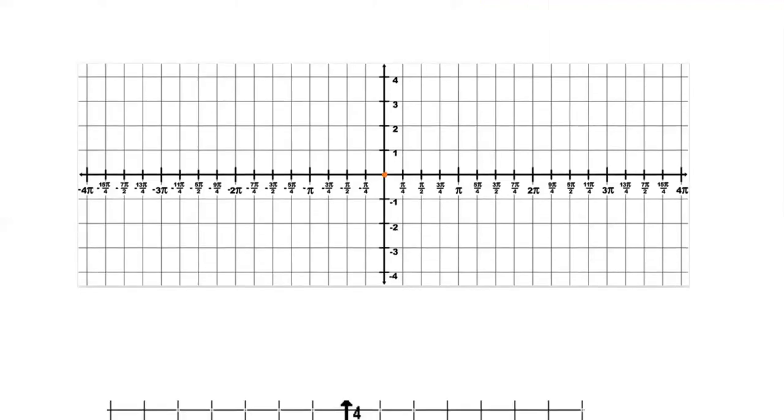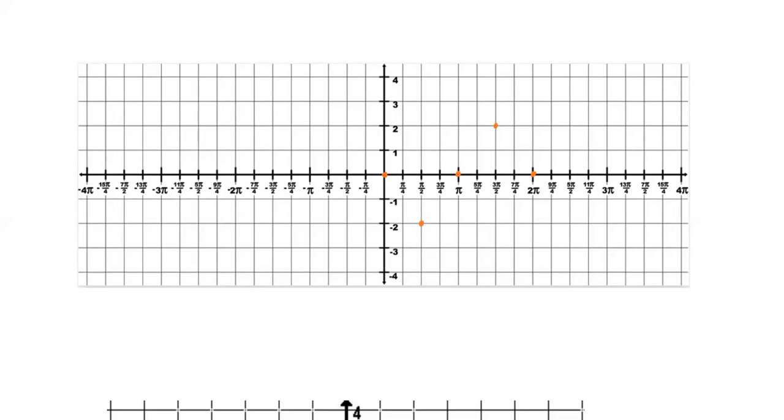So we have 0, and then we had pi over 2 with a negative 2. See, it's not really that bad to graph this one because those 5 points are really nice points. You are not trying to eyeball the coordinates. They are right in the intersection of those boxes. So you have that ability.